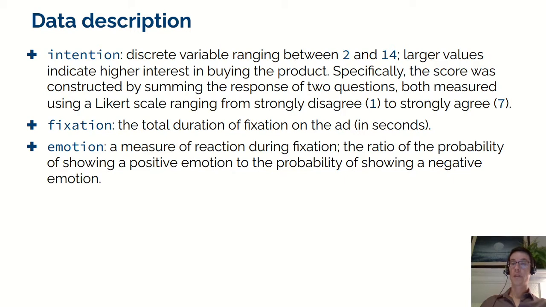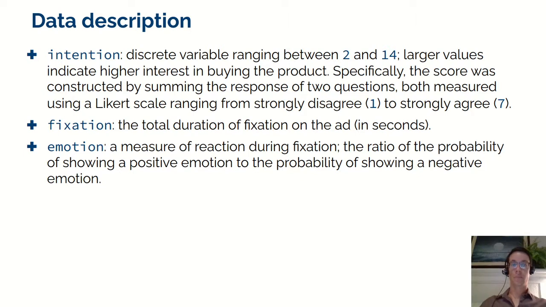And emotion is perhaps the hardest to grasp. It's a measure of the reaction during fixation of the ad, and the Face Reader software basically tries to estimate a probability that a particular frame is showing positive emotion versus showing negative emotion, and then they take a ratio of those probabilities.